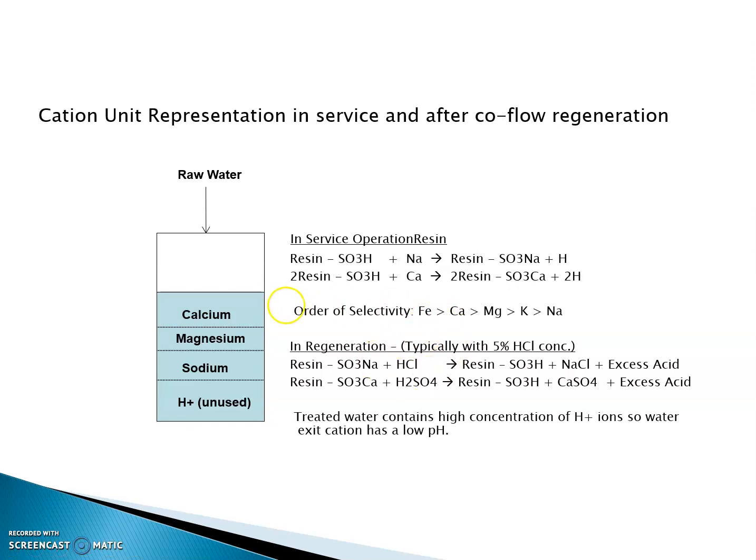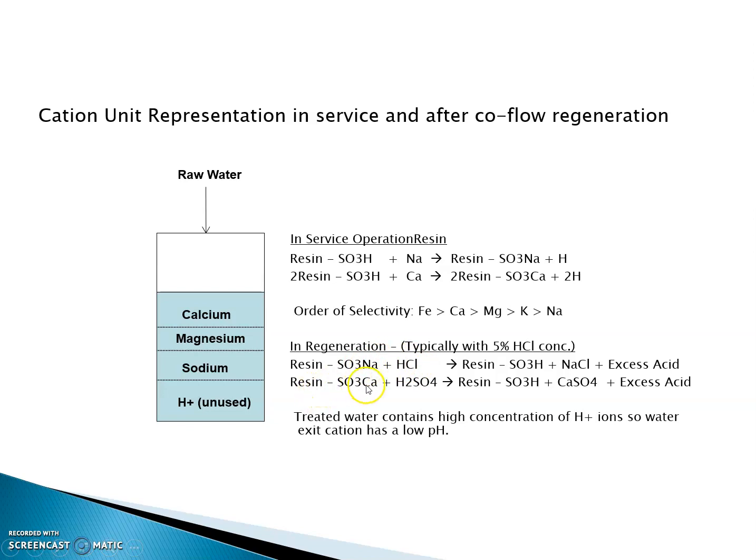In the regeneration process, as we discussed earlier, acid is utilized. The sodium salt of sulfonic acid resin is treated with HCl so that the Na gets exchanged with the chlorine and H replaces the position of sodium.